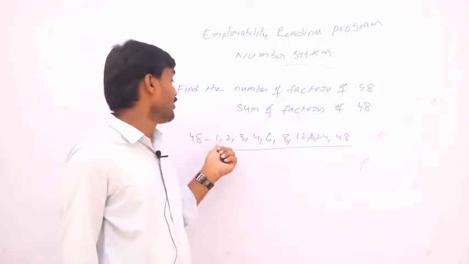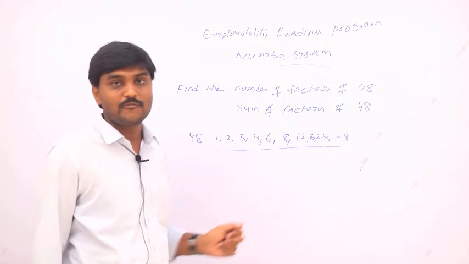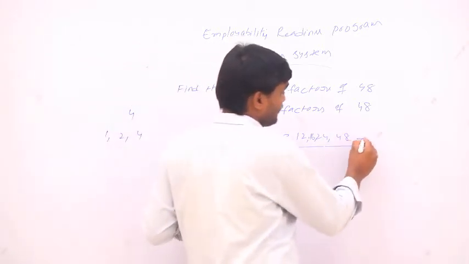Counting them, the factors are 1, 2, 3, 4, 5, 6, 7, 8, 9, 10. So the number of factors is 10.